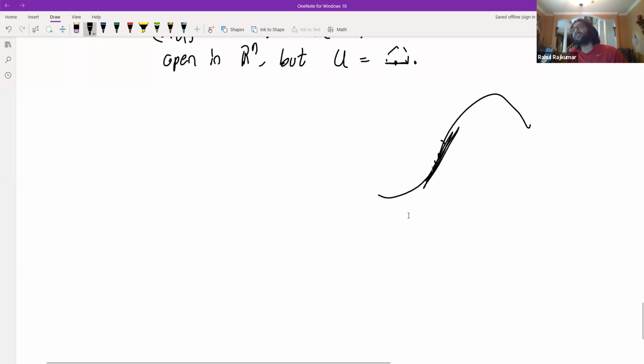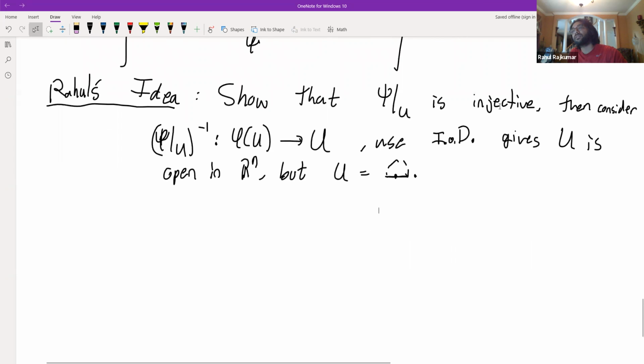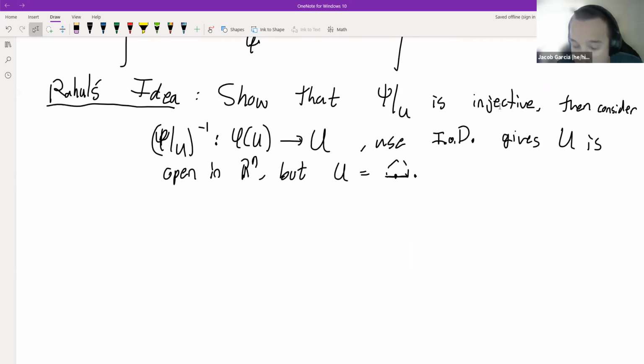Isn't it even simpler than that? Aren't embeddings homeomorphisms onto their images? Or am I mixing things up? So embeddings are homeomorphisms onto their images in the subspace topology of the image.